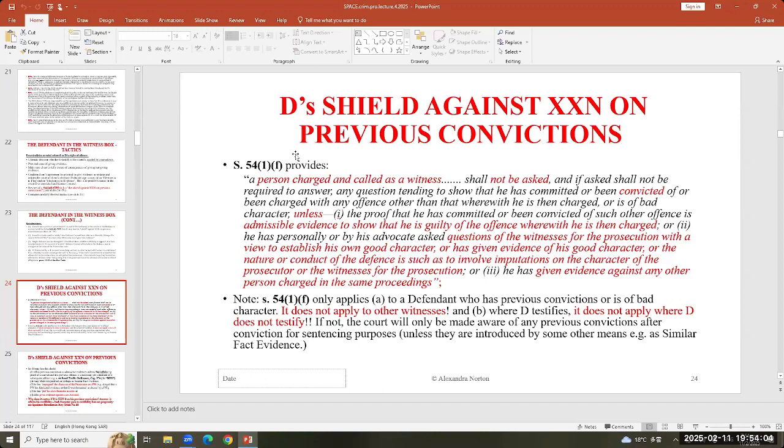But when it comes to the defendant, this statutory provision in section 54(1)(f) of the Criminal Procedure Ordinance applies. So it only applies to a defendant, and it only applies if he testifies. If he doesn't testify, then section 54(1)(f), the shield, does not apply.